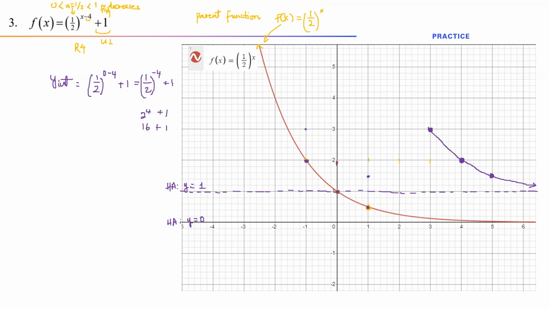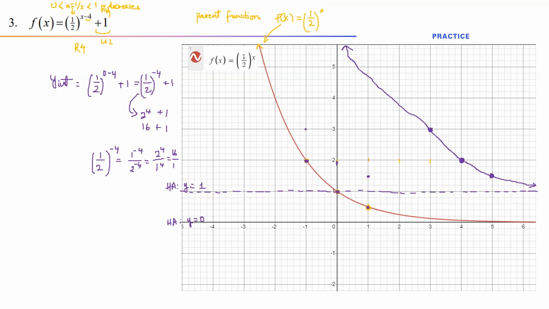That's 16 plus 1 is 17, so it goes really high over there. How we do this one: 1 over 2 to the power of -4, that is 1 to the -4 over 2 to the power of -4. When you flip, the negative power becomes positive. So 2 to the power of 4 over 1 to the power of 4, that's 16 over 1, that's 16.